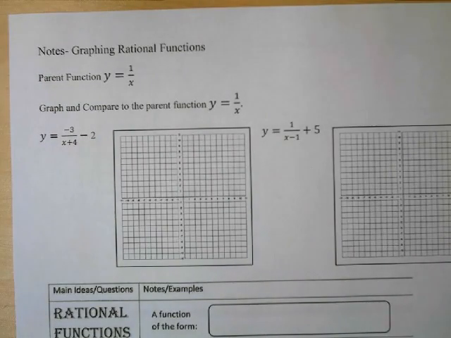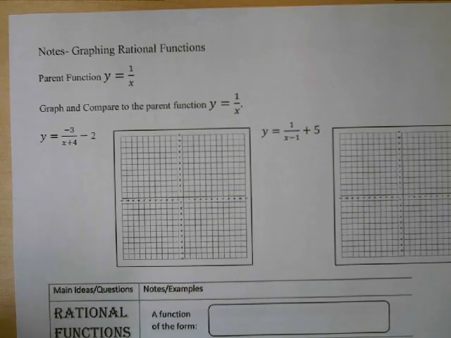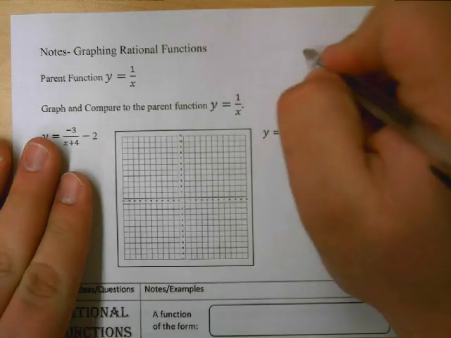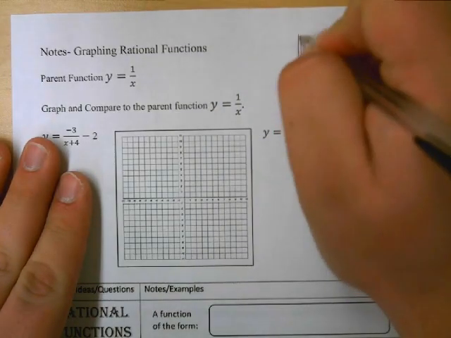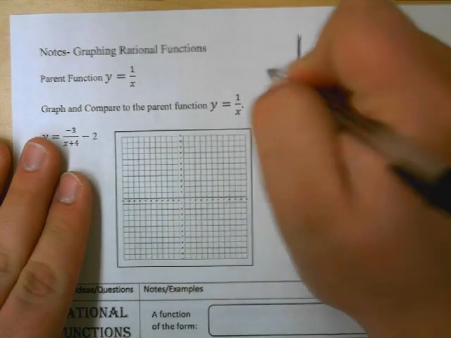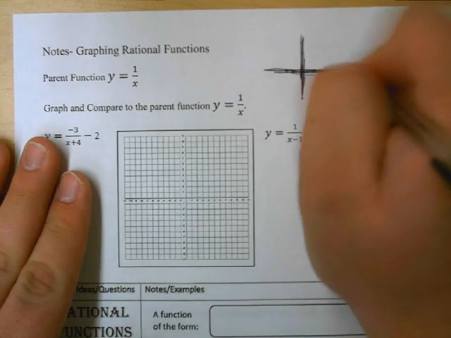So rational functions. The first thing that we need to talk about is the parent function. The parent function of a rational function looks something like this. So here's my XY table right here.